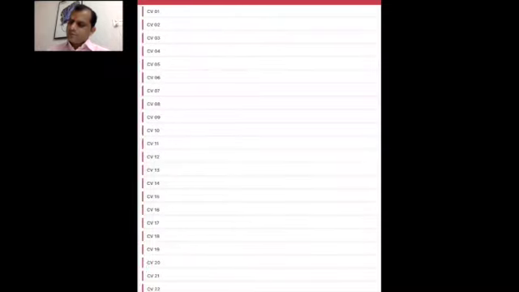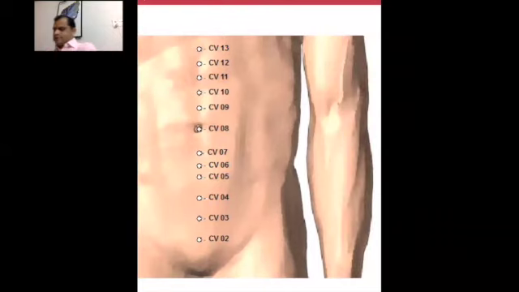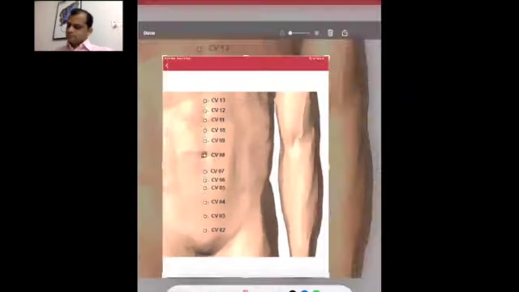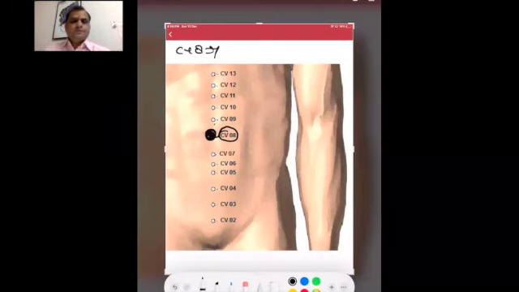So when we go to the abdomen and look at the navel region here, this is the location of CV8. CV8 is just at the navel region. The navel point is a very great reservoir of energy.